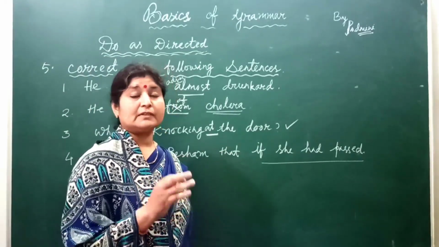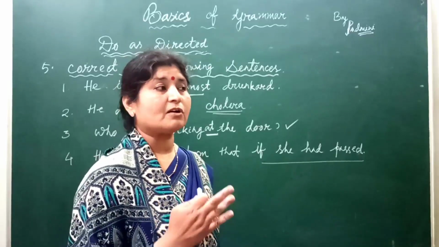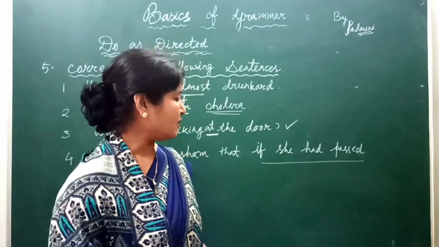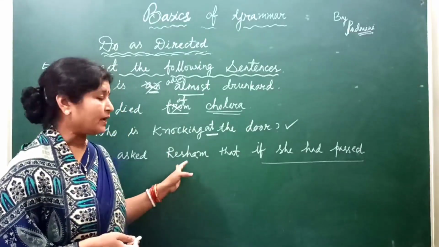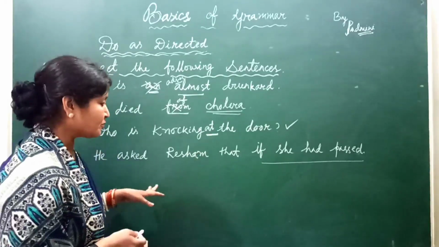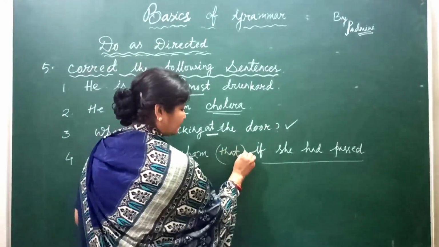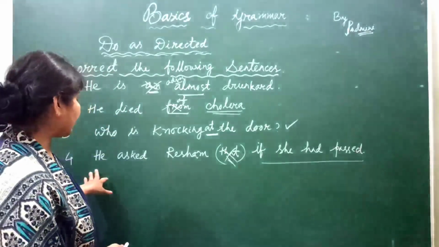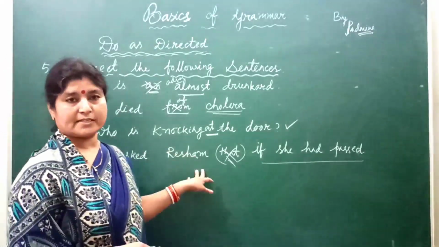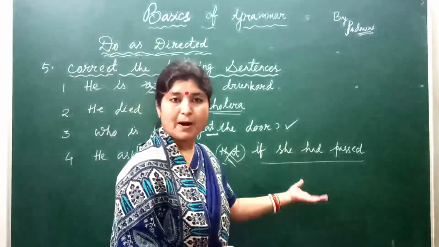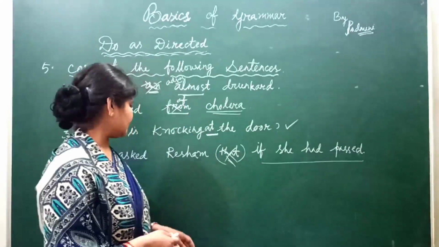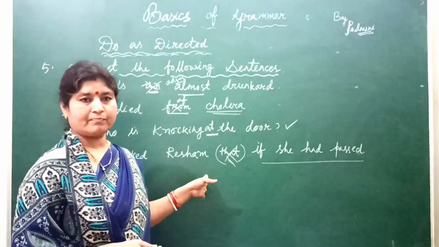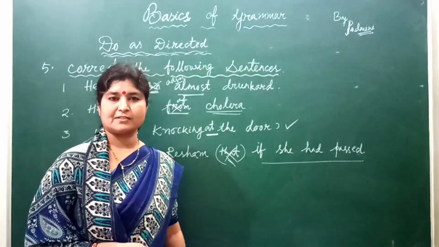So whenever we are getting yes or no type questions, when we change from direct to indirect speech, we should not use the conjunction that. So what will be the correct answer? He asked Resham if she had passed. Okay.